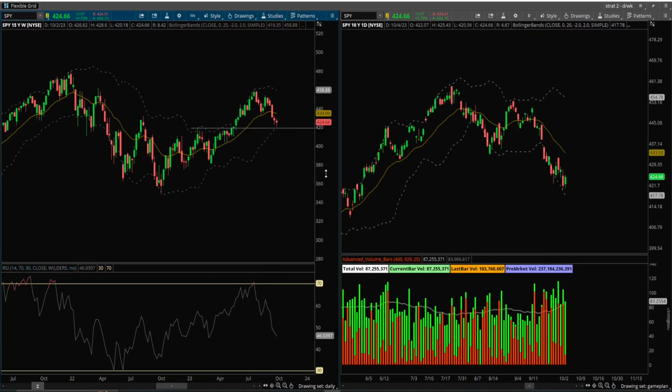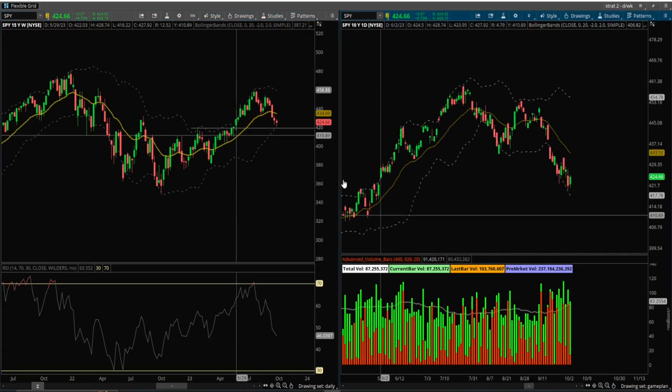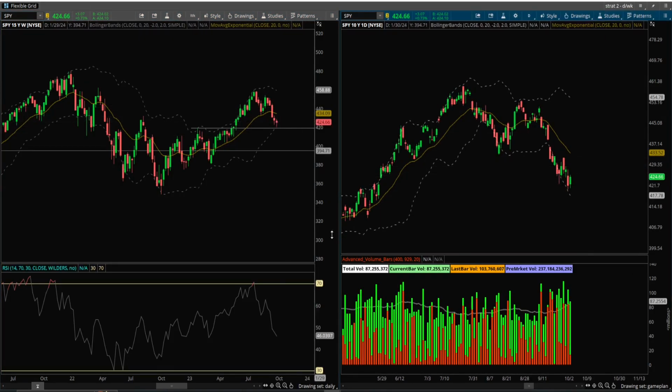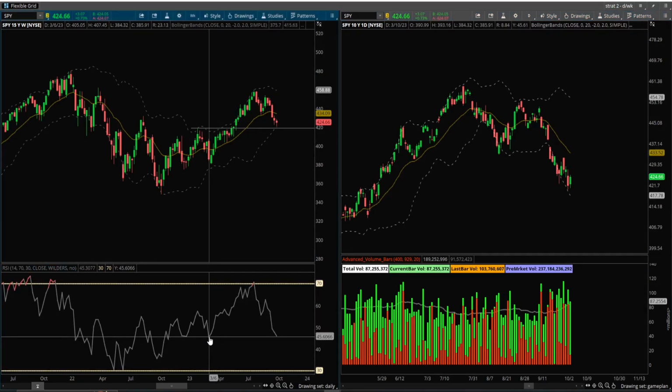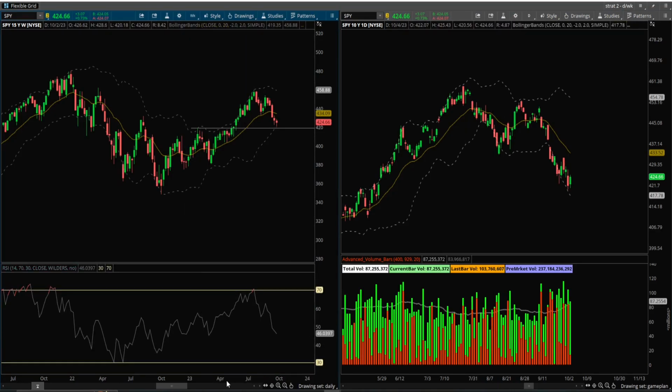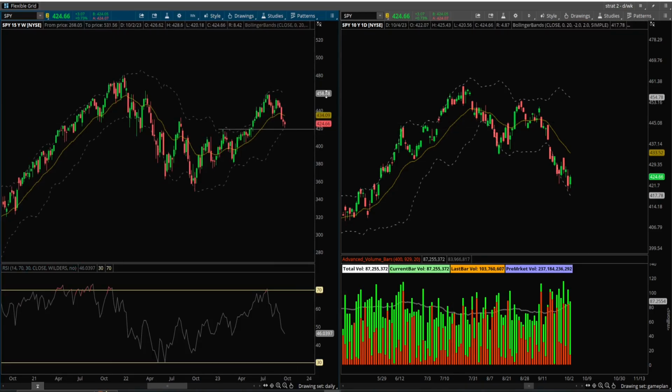So I would definitely watch this level for a potential bounce coming in here, maybe in the week or definitely for next week. As you can see, the RSI pulling into major support levels as well. This support level here and here. So yeah, pretty decent level of support. Would like to see this level hold here on the stock market. Definitely be looking for maybe call options again tomorrow and throughout next week.